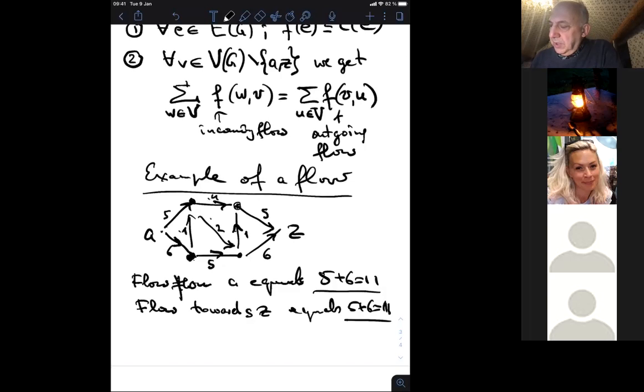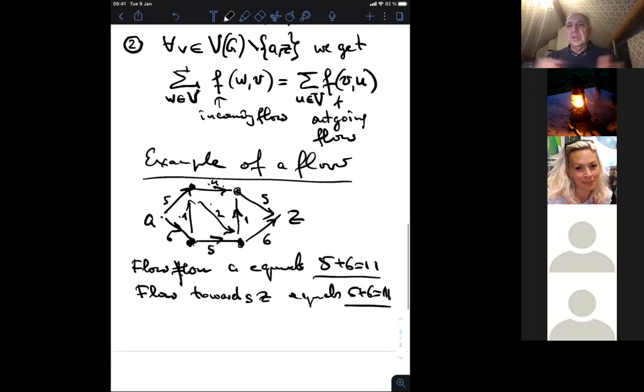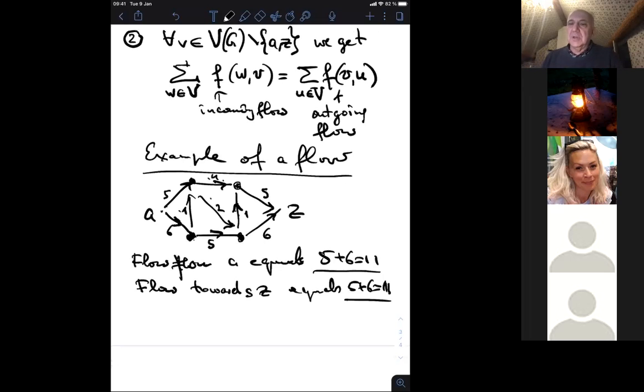Here, for example, we have 4 plus 1 coming in, 5 coming out, and here we have 5 plus 2 coming in, and 1 plus 6 coming out. So at all other vertices except for the sink and the source, the inflow equals the outflow. This is the condition on the flow. Okay.